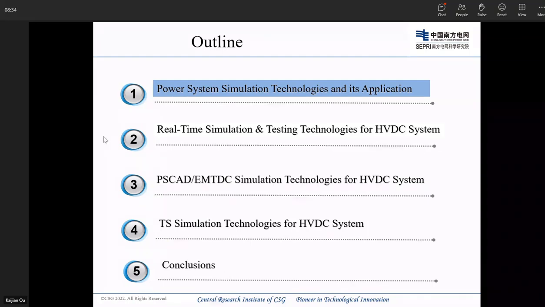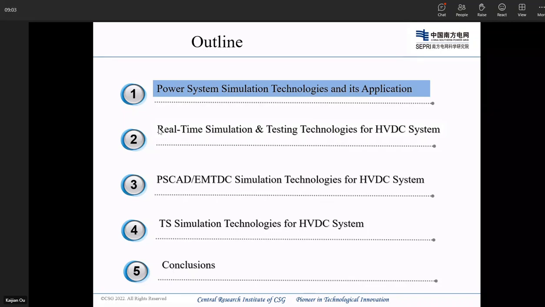The second is the real-time simulation and testing technology for HVDC system. The third is PSCAD EMTP simulation technology for HVDC system. I introduced this yesterday, so I will not introduce it today. The other is the TS simulation technology for HVDC system, and then the conclusion.